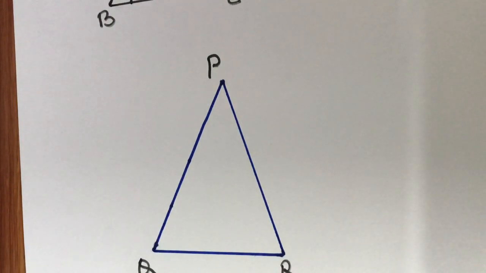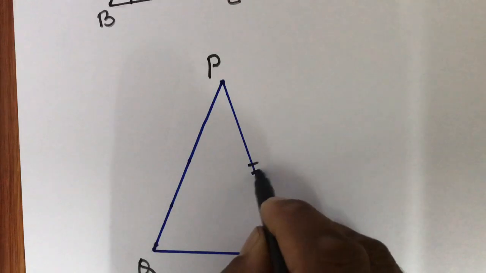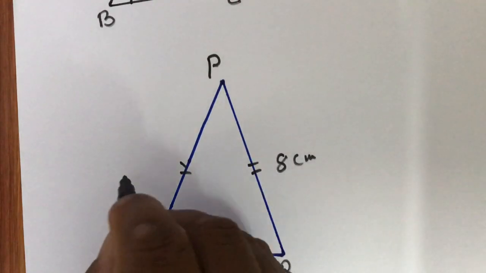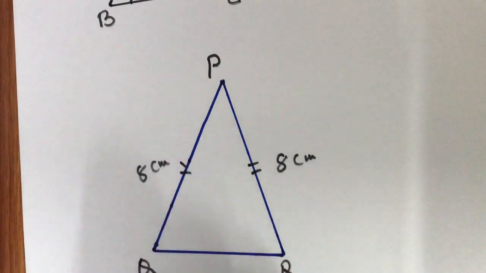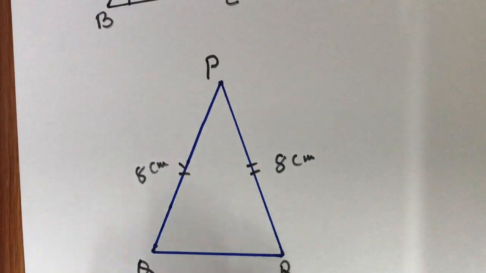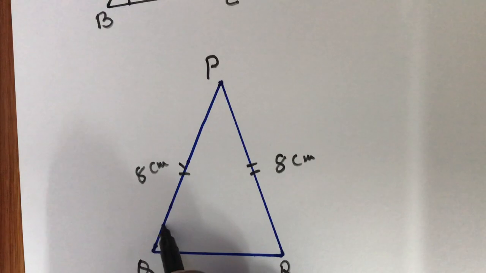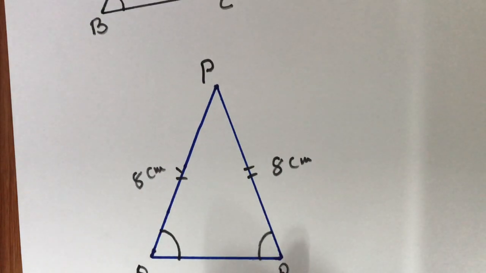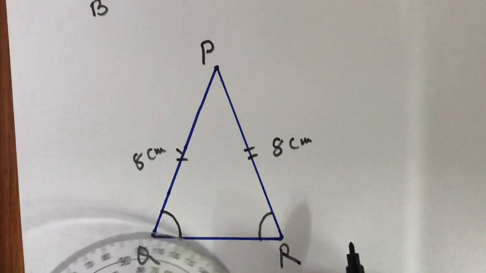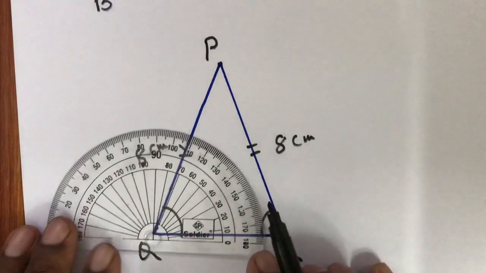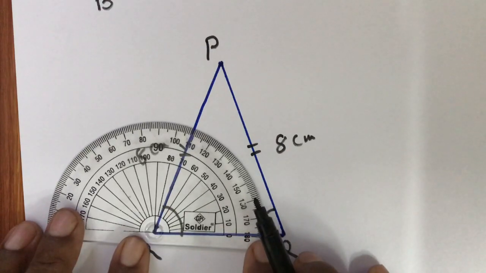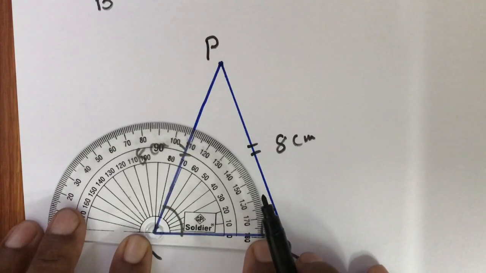Understand? I have already drawn these two lines are equal of 8 centimeter. Let us verify by measuring the angle Q and angle R with the help of protractor. Are they equal or not? So I am measuring the angle with the help of protractor.